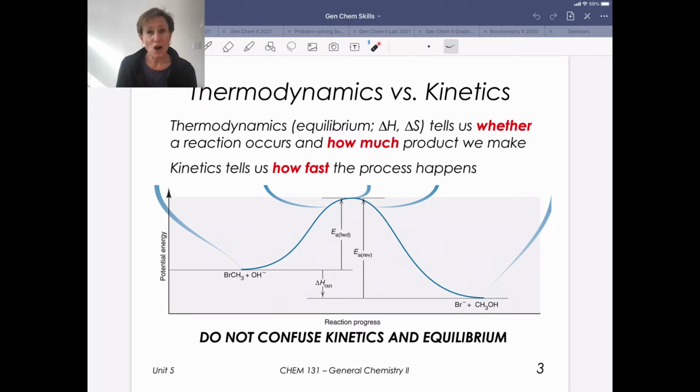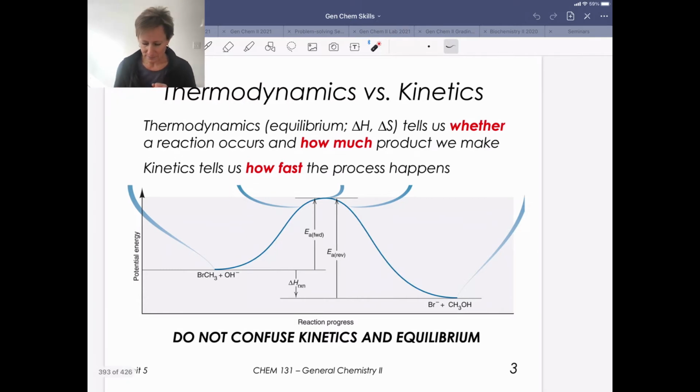As we saw in our last learning unit, when we discussed kinetics and drew these reaction coordinates, the activation energy tells us how fast a reaction proceeds, and the difference in energy levels between the reactants and products, as we're going to see here, tells us how much product we make. So these are related, but they are different and distinct.